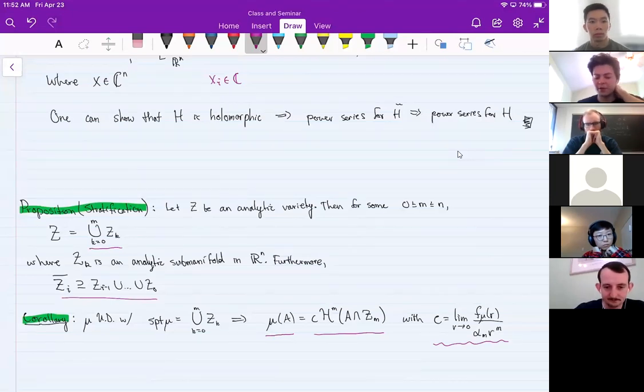The only part involving mu is Z_m. So really it's saying that these uniformly distributed measures can only measure the volume of manifolds, and the geometry of these manifolds tells the entire story.